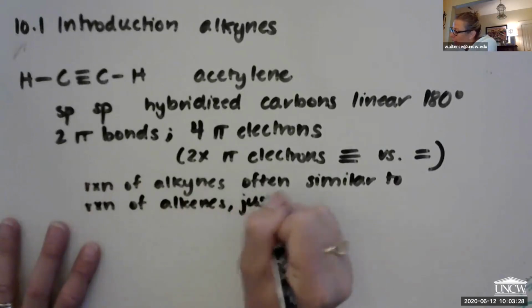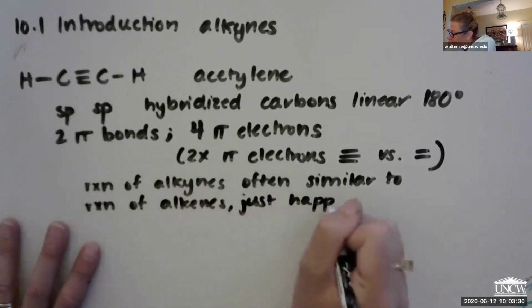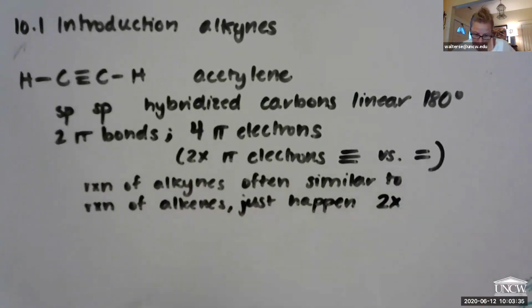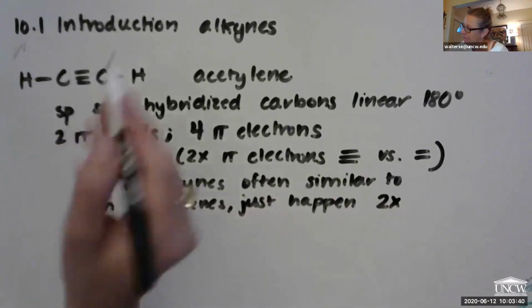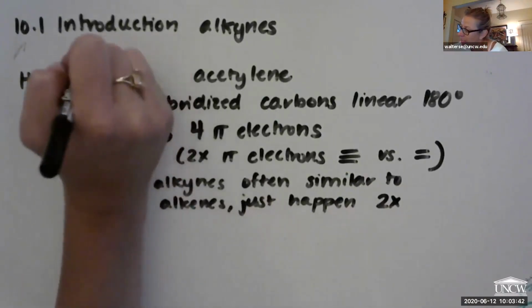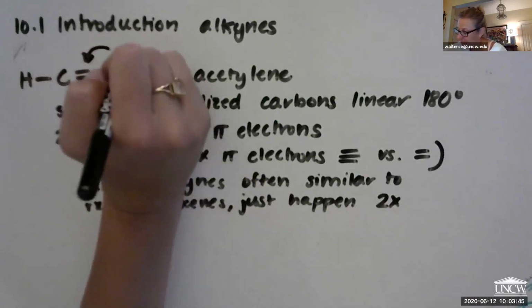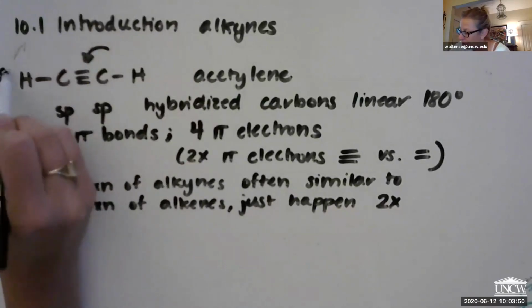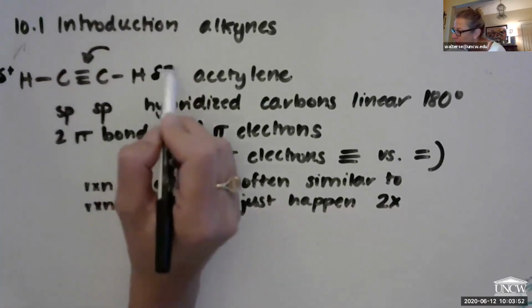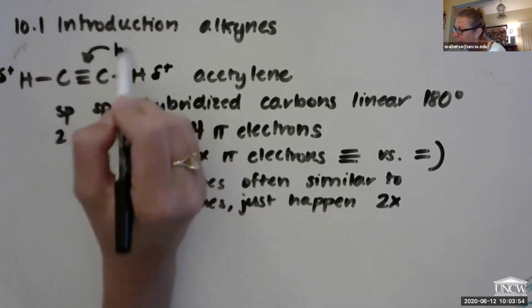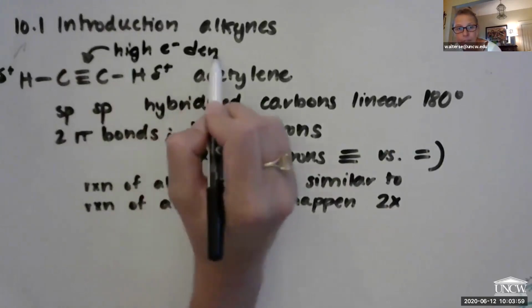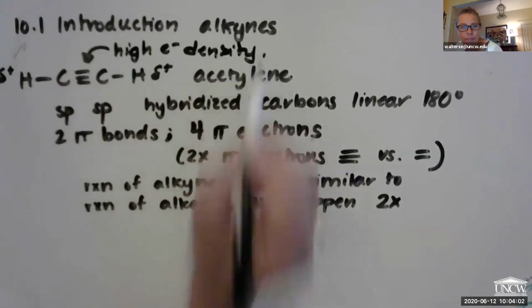They just happen twice. When you have your alkyne, you have a lot of reactive pi density right in the middle of the compound. So this would be a partially positive side, and then you have all this high electron density.